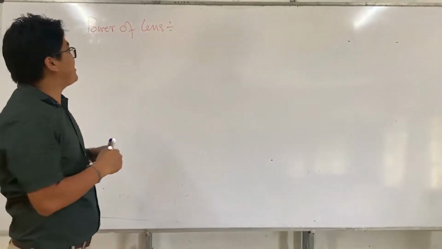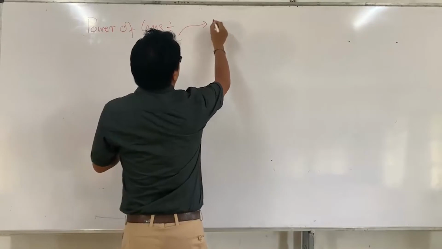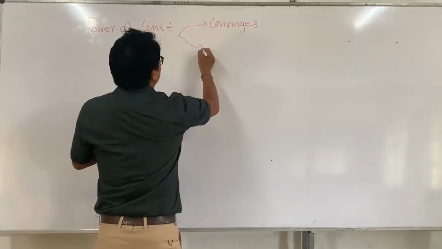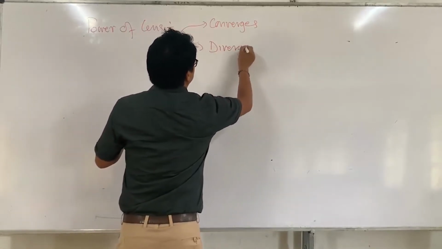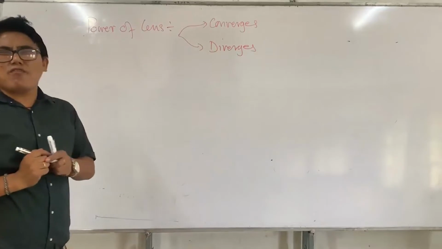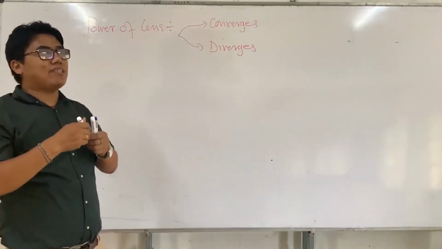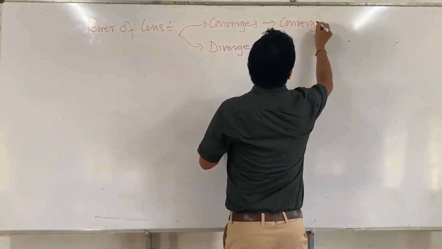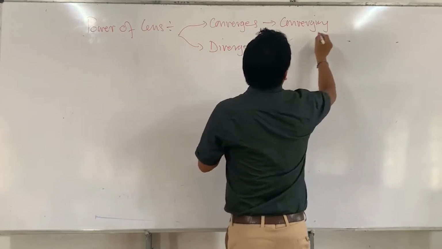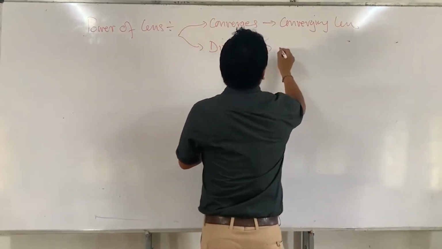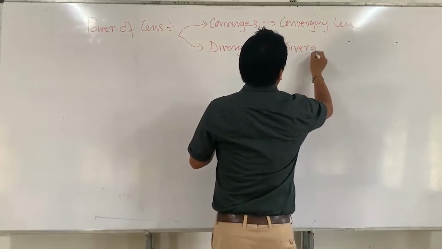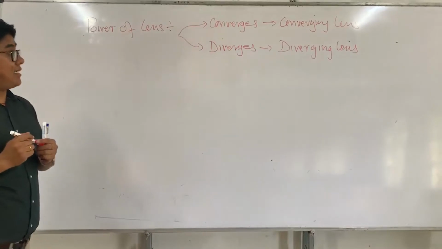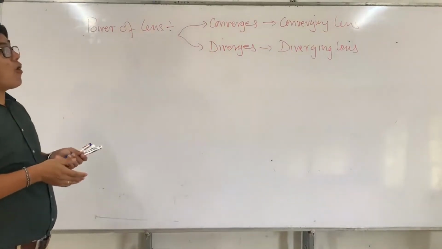So we say two things: either the lens converges or the lens diverges. Therefore, in lower class we say that one lens is called a converging lens, and the other lens is what we call a diverging lens. So the role of a lens is to either converge or diverge.